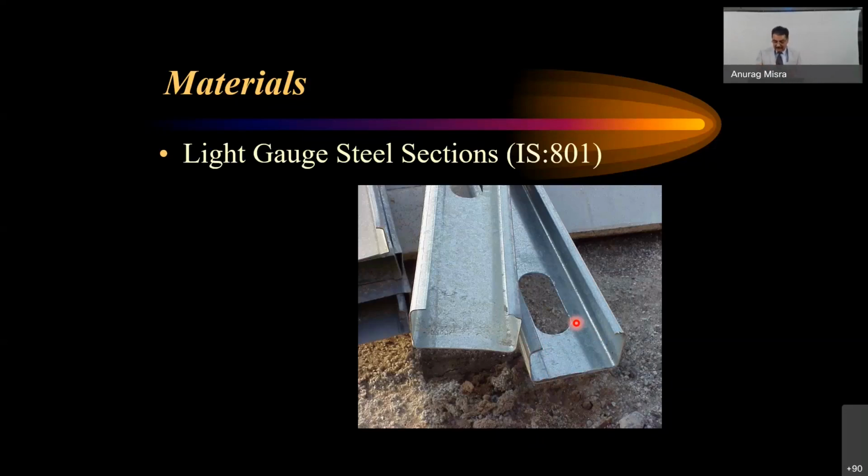So using light gauge steel sections is quite easy these days, because most of the good roll forming manufacturers provide facility for changing these parameters, for example, the flange section and the depth. So if you are looking for, let's say, 125 depth, it is easy. You could switch it from 100 to 125 and create your section very easily.